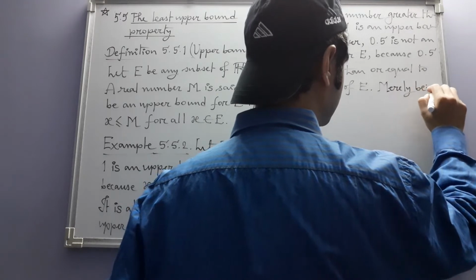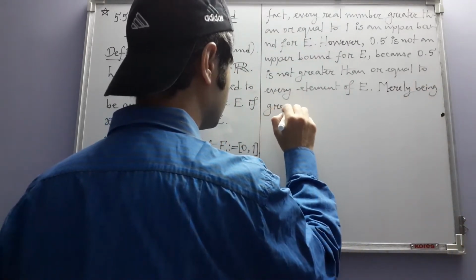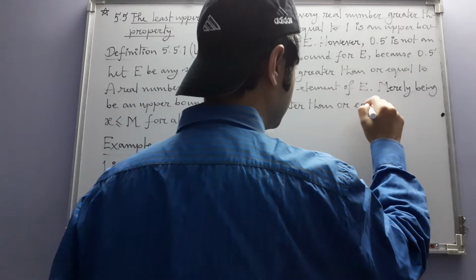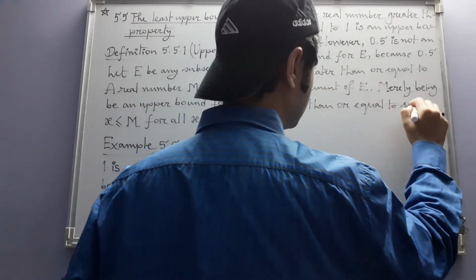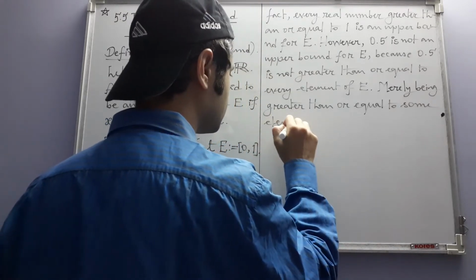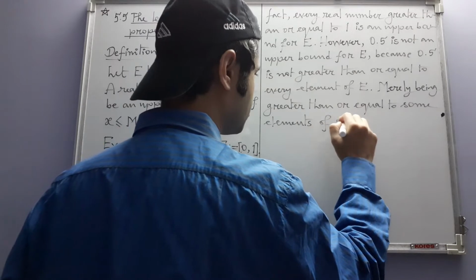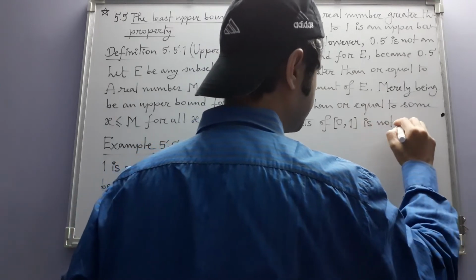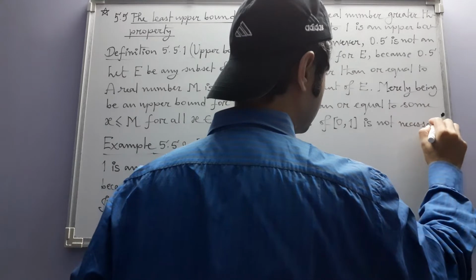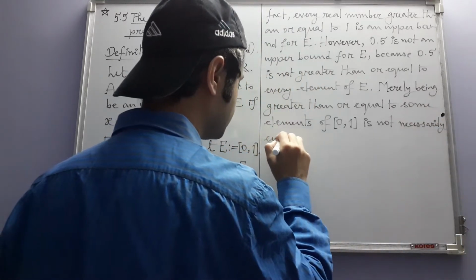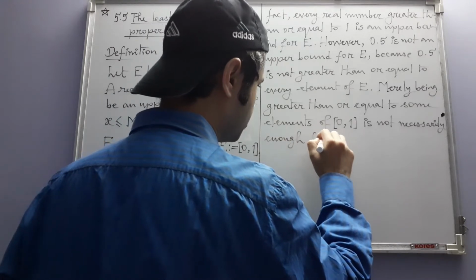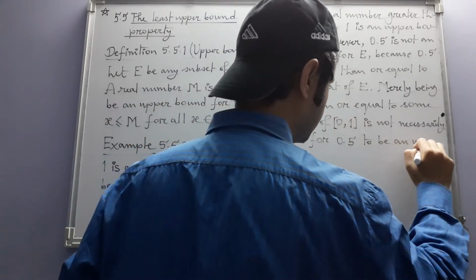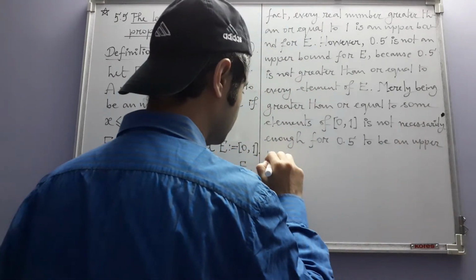Merely being greater than or equal to some elements of [0, 1] is not necessarily enough for 0.5 to be an upper bound.